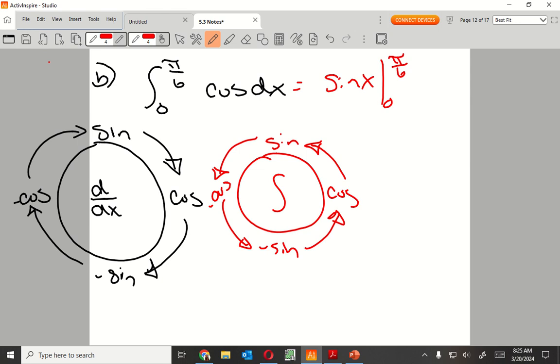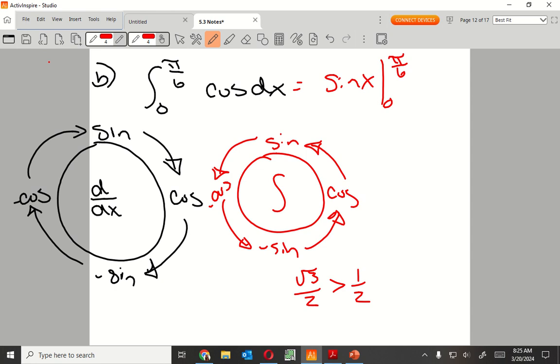So one thing that you need to remember is that rad 3 over 2 is greater than 1/2. So that means that sine, it's the x and the y, right? So the y value is going to be smaller, so that means it's going to be 1/2. And the x value is going to be greater.